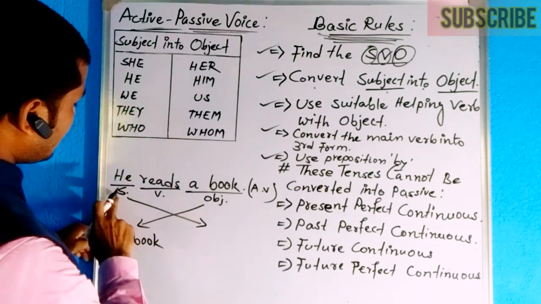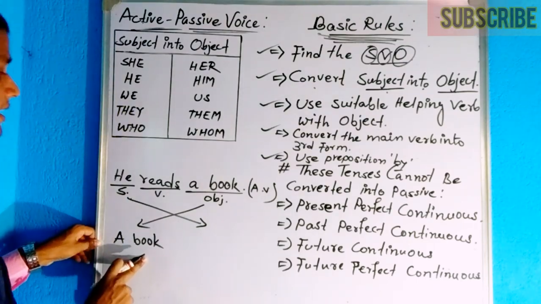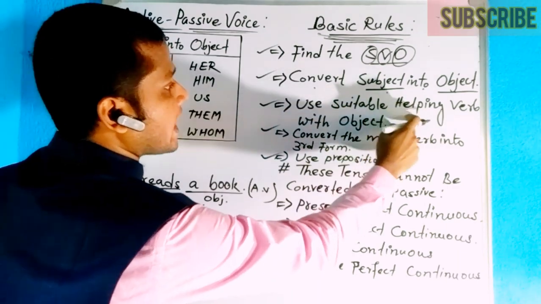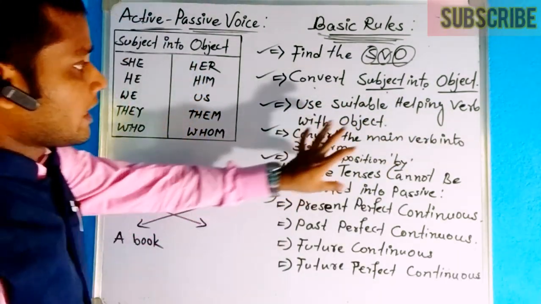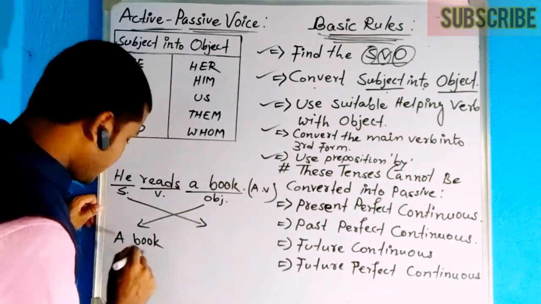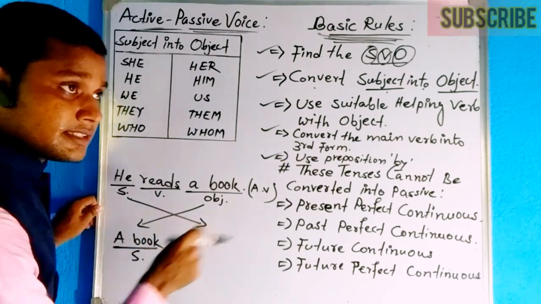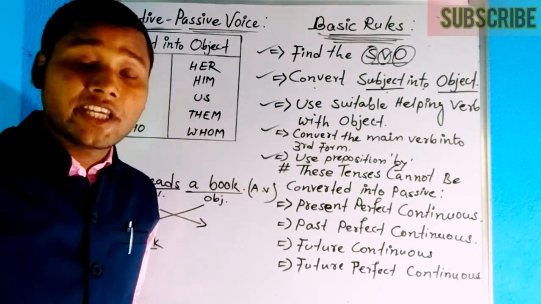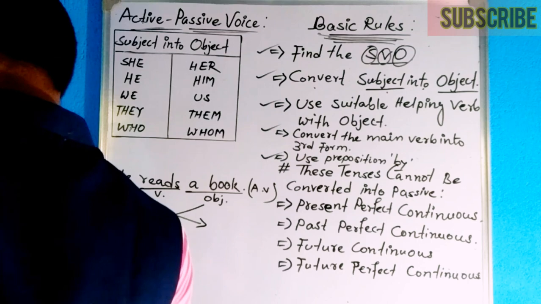What is the subject here? He. It will come into it. Then next, use a suitable helping verb with the object. So here the object became the subject, and with it the suitable helping verb or auxiliary verb will be used.